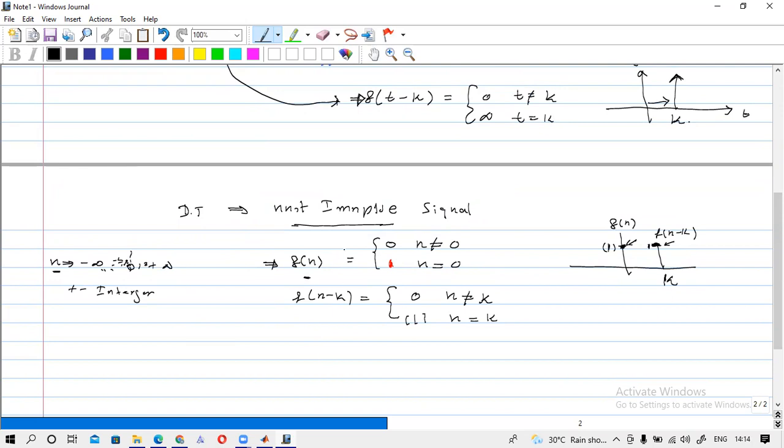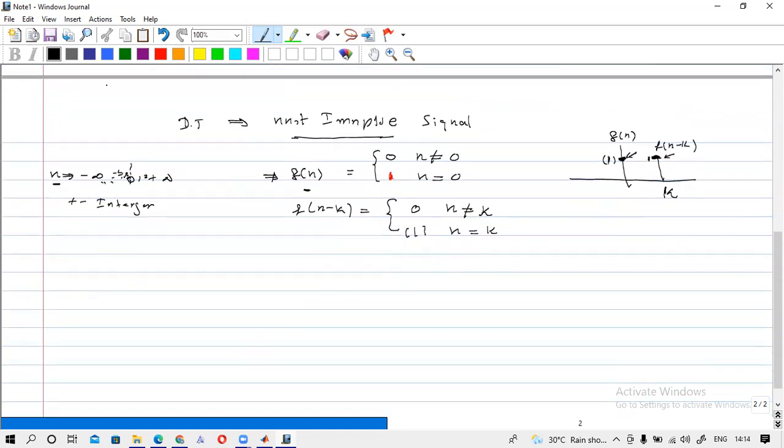If you have this idea, I think you can do all the questions. If you think in a simple way, you can generate any signal. This is nothing but just a point. That is the unit impulse signal.